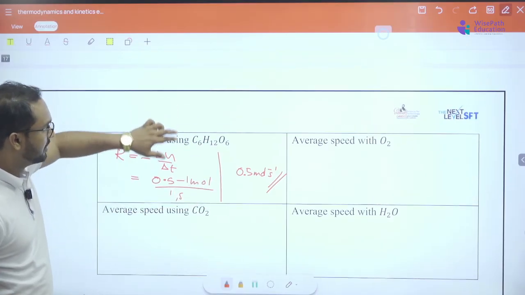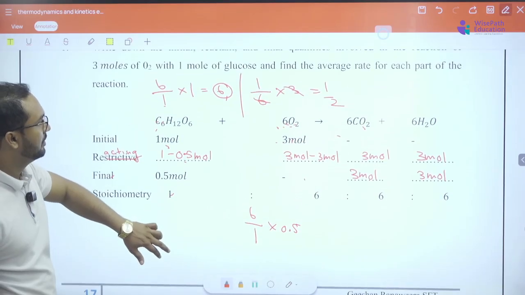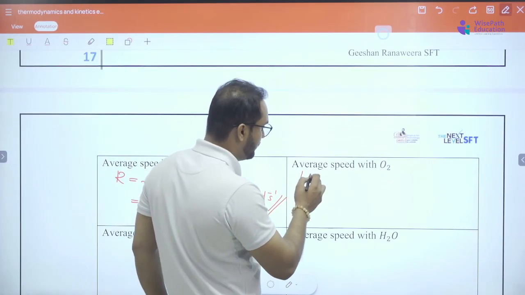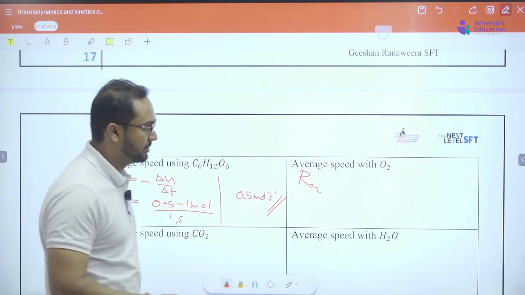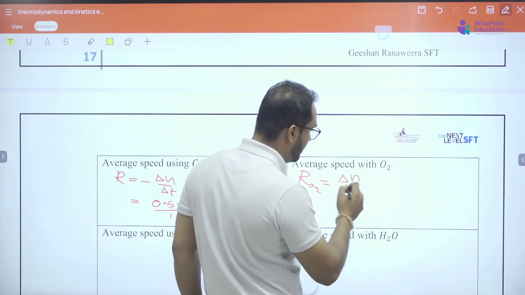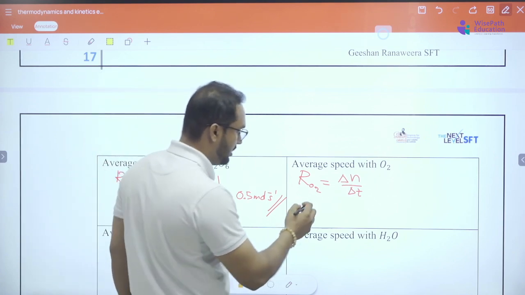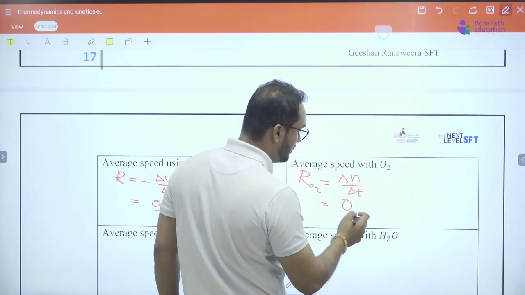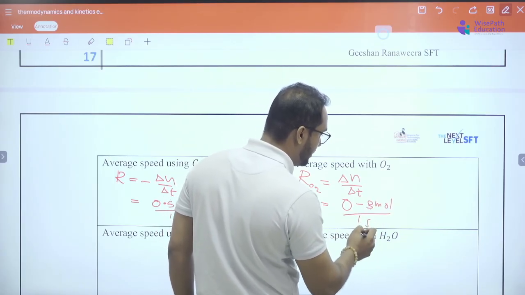And the average rate of oxygen, right? 3 are reacting and the final is 0. So the R of oxygen, we can write RO2 if you want, equals delta N over delta T. Final is 0, initial is 3 moles and the time taken is 1 second.